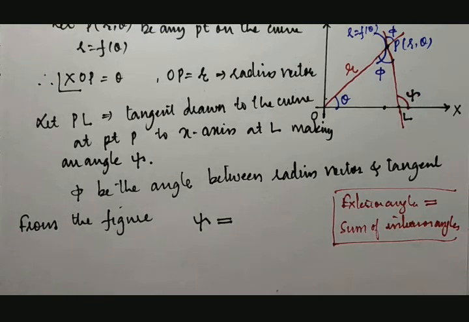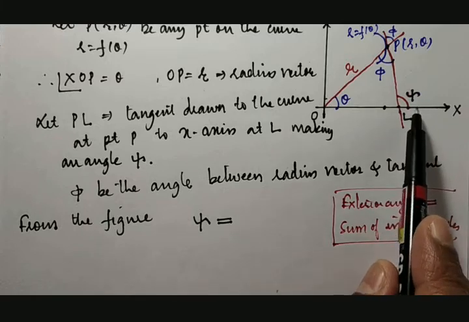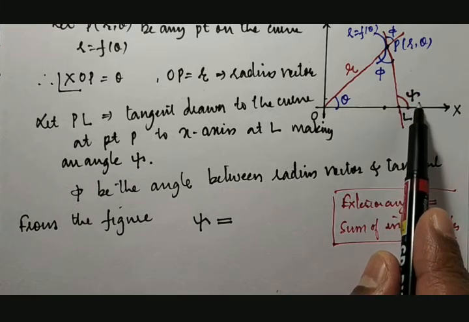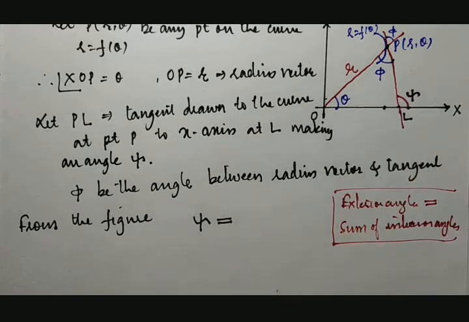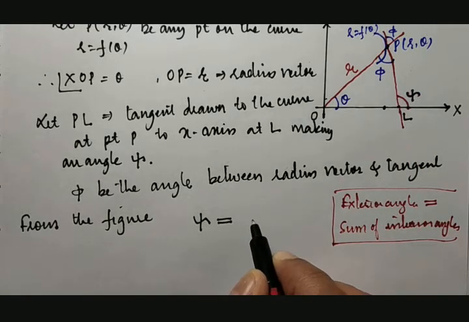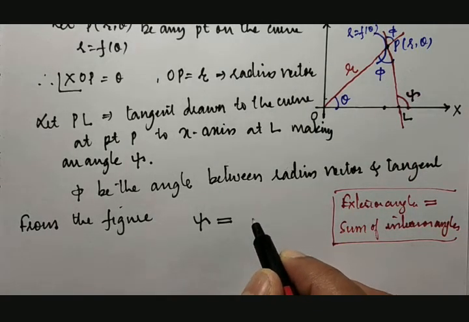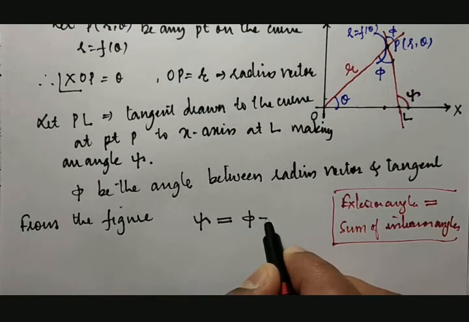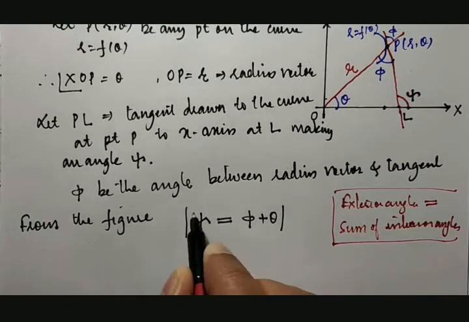Exterior angle is equal to sum of interior angles. Therefore, psi is the exterior angle, and the sum of interior angles means theta plus phi. So psi is equal to phi plus theta.